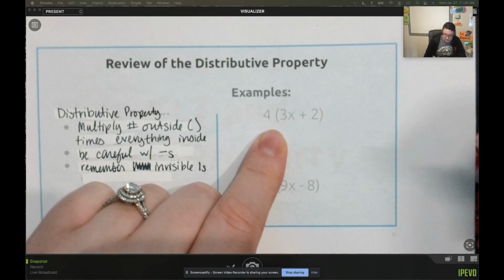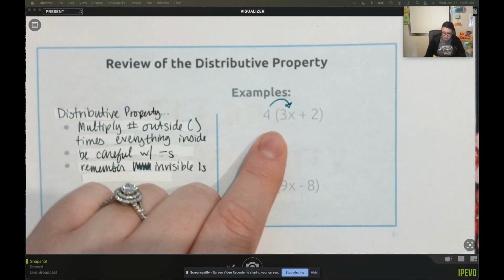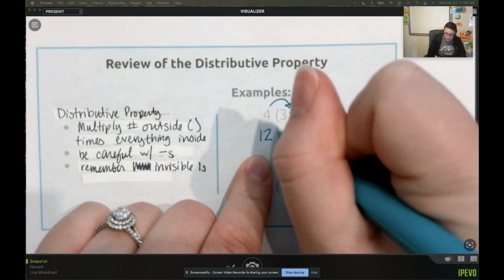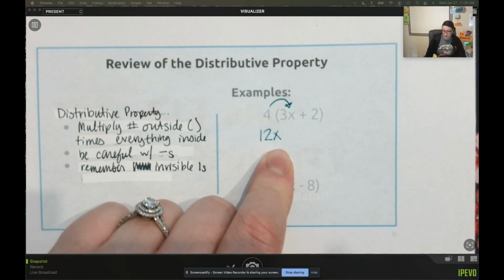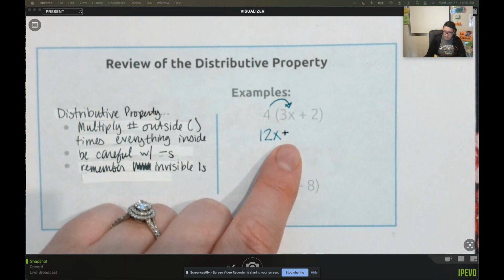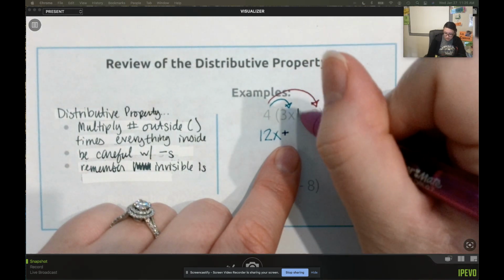So for this first example, I need to take 4 times 3x. If I have 4 times 3, I get 12, and I keep my x's with it. That just means I have 12 x's total. Then I know I need to add the other number I'm multiplying. I'm taking 4 times a positive 2.